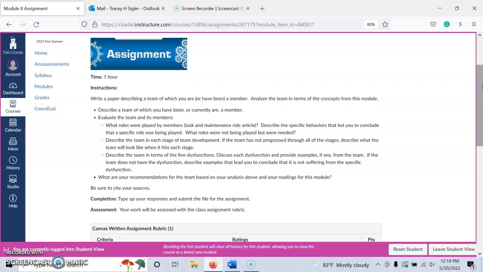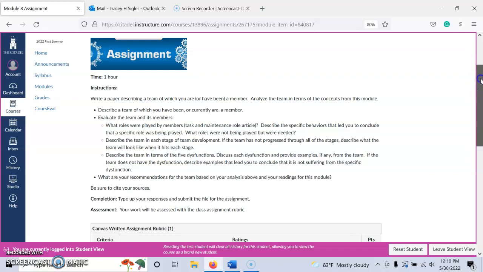So basically look at the 3 different readings. What roles were played by the members from that first link? Describe the team in each stage of development from the second reading. And then the third reading, describe the team in terms of the 5 dysfunctions. Finally, what are your recommendations for the team based on your analysis?